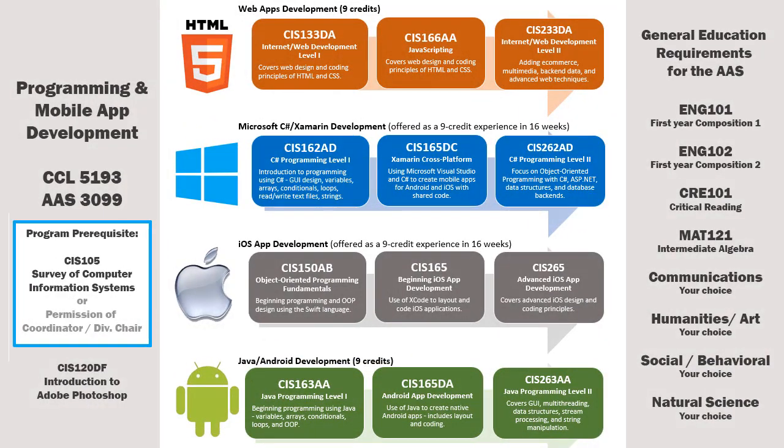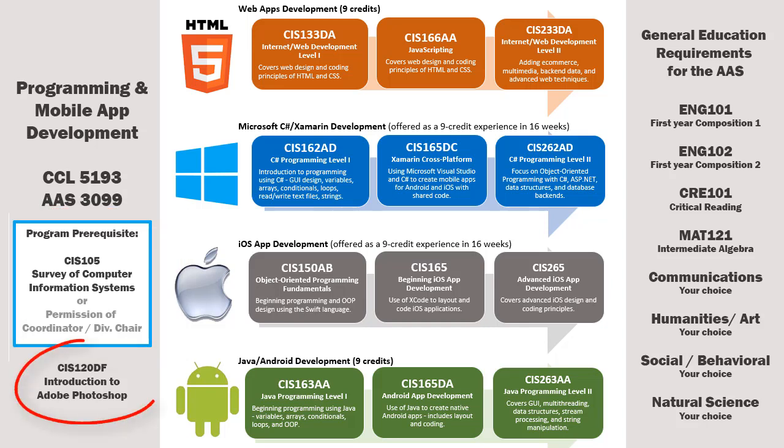Both the CCL and the AAS have what are called program prerequisites, some things you should know coming into the program. We require you to take CIS 105, our Survey of Computer Information Systems. However, if you're computer literate, you know Microsoft Office pretty well, you understand how computers work, and you know the terminology of the industry, we will give you permission to enter directly into the core of the program and bypass that CIS 105 class.